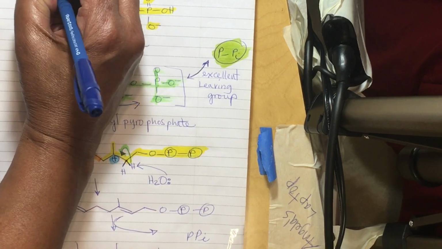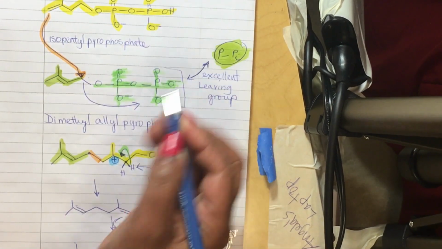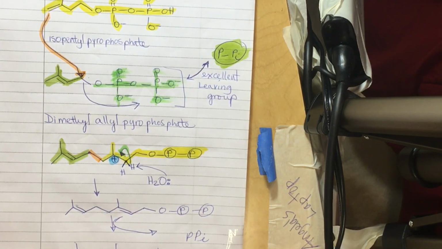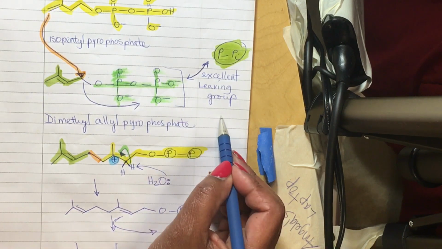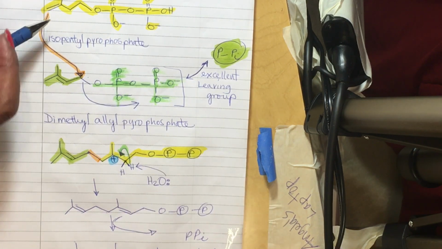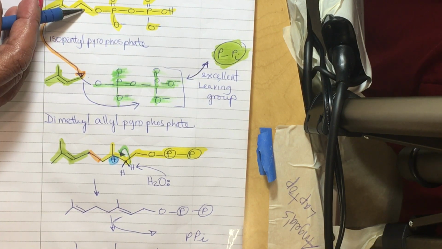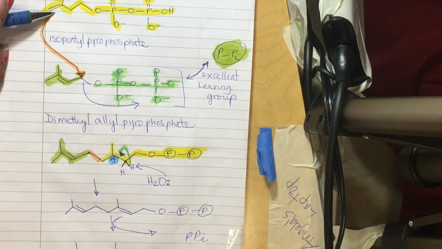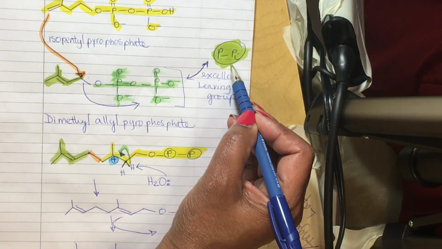This is an alkylation using an SN2 mechanism, because now the pyrophosphate is an excellent leaving group. So we're going to create a brand new bond between one unit that has 5 carbons, and the second one will release pyrophosphate.